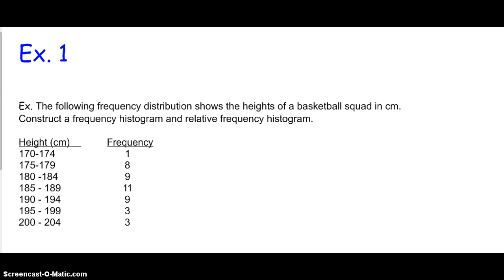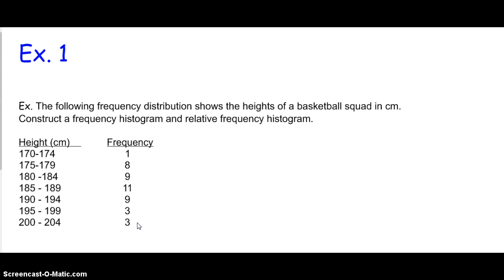I know it's March Madness right now, so I thought this was appropriate data to talk about. This basketball squad is obviously not in the United States, so their height is in centimeters. We're going to construct a frequency histogram using these heights, and the data is our frequency.